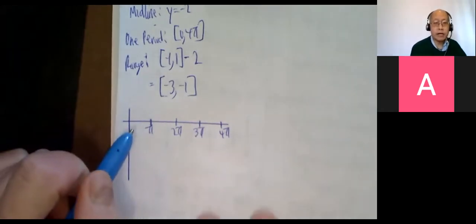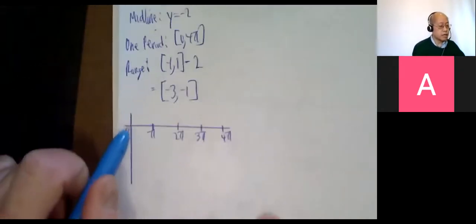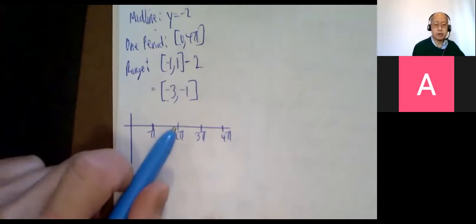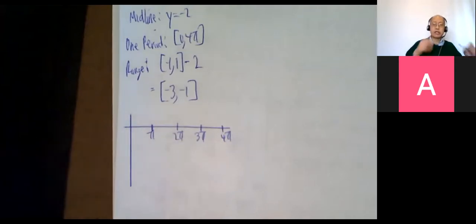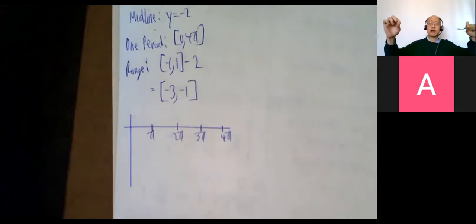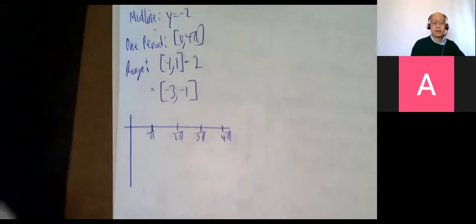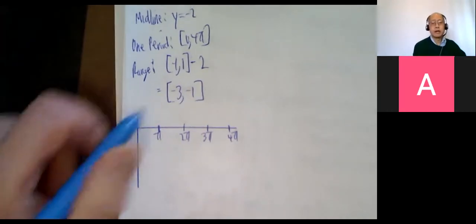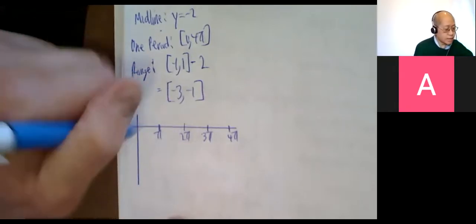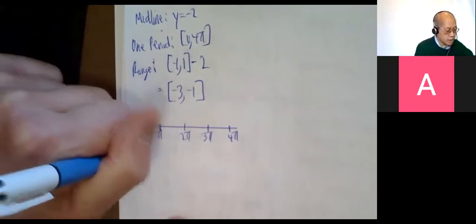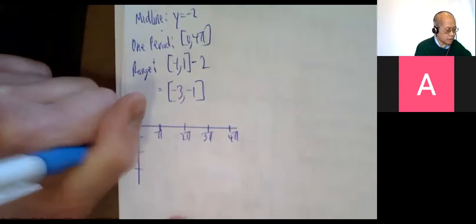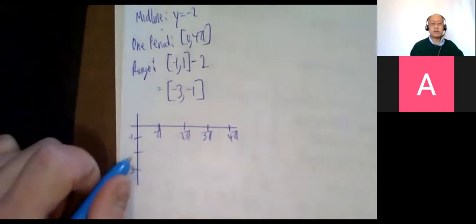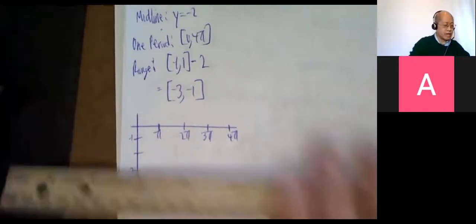Remember, the regular sine or cosine finishes one period by the time it reaches 2 pi. This one stretches out horizontally, all the way out to 4 pi. My range is -3 to -1: -1, -2, -3. So -2 is my new midline.